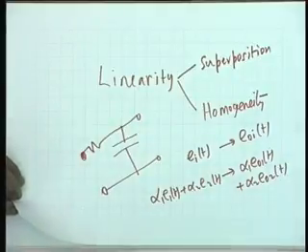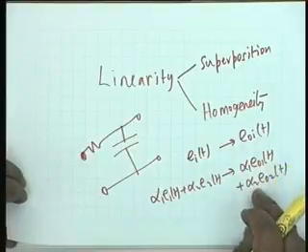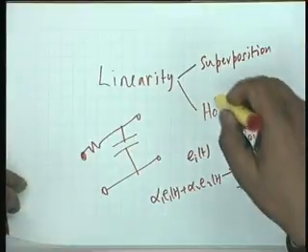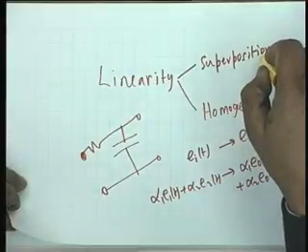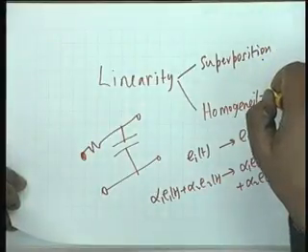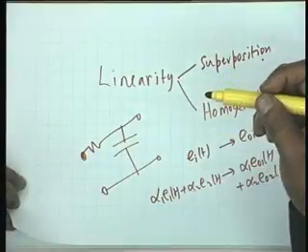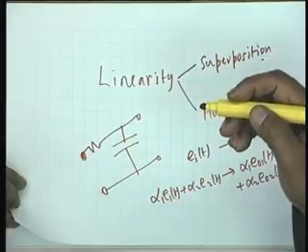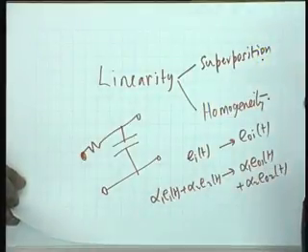This is the signals and systems description. This contains both superposition and homogeneity, but as far as circuit theory is concerned, superposition individually is going to be useful, homogeneity individually is going to be useful. For example, to judge whether a network is linear or not. Suppose 0 input does not lead to 0 output, immediately you can say the network is non-linear. You do not have to go to any other test.